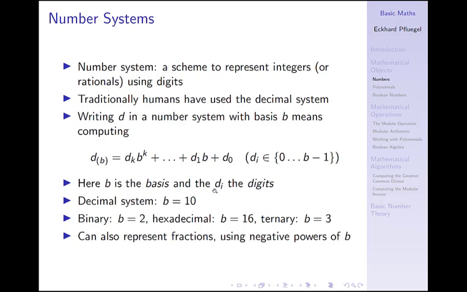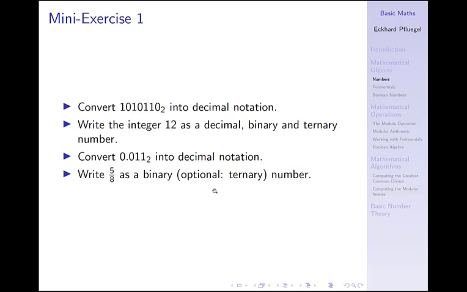Okay, so that's in terms of introducing the theory, but it probably becomes clearer when you try to do the mini exercise. So can you convert, and that's not difficult at all, this binary number into decimal notation? All you need to do here is to add up the powers of 2. Whenever there's a 1, you take that power of 2 into account, and if it's a 0, then obviously you don't need to.